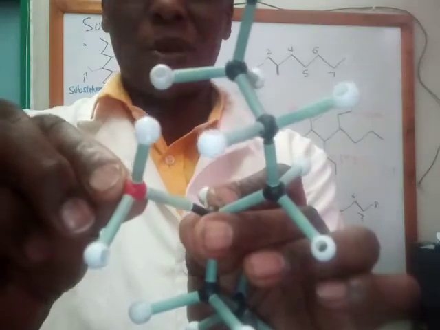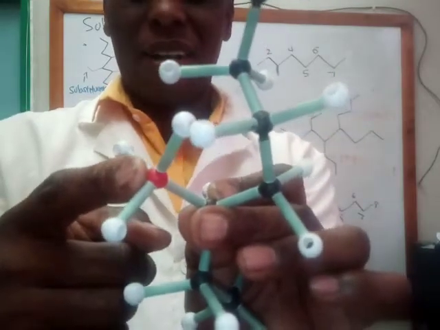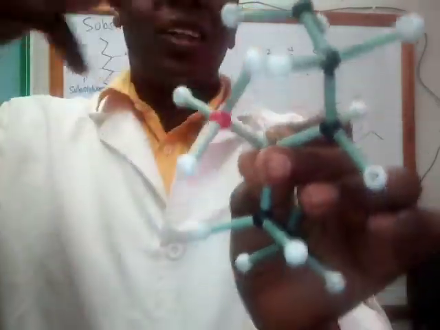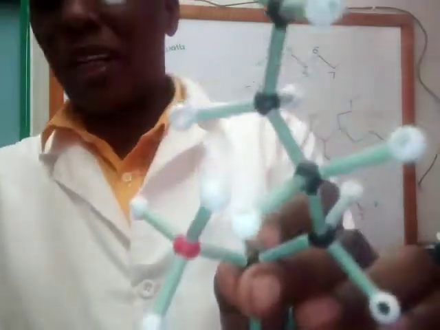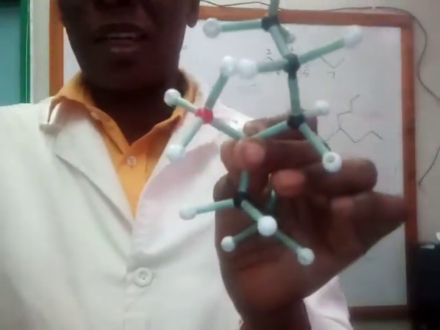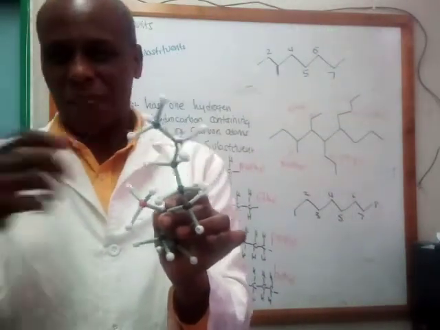Here you've got a branch with one carbon atom, just as you can have another branch with 2 carbon atoms, or another branch with 3 carbon atoms, which will be called a propyl, and 4 carbon atoms, which will be called a butyl.